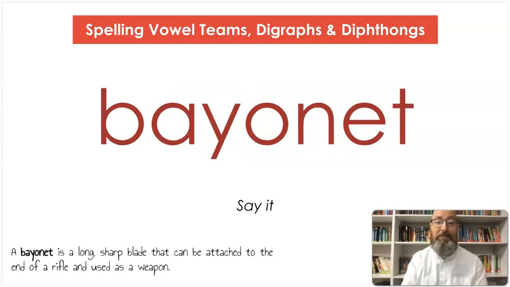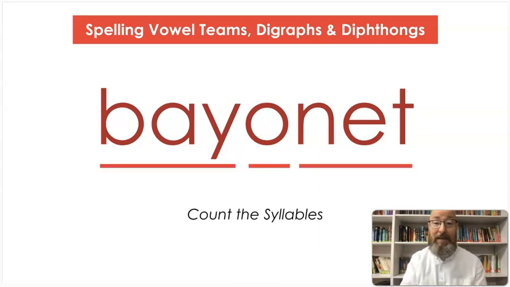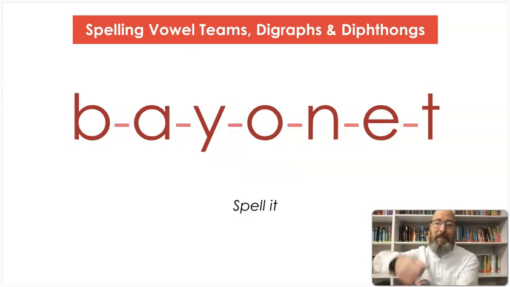Our next word is bayonet. Say bayonet. A bayonet is a long, sharp blade that can be attached to the end of a rifle and used as a weapon. Count the syllables. Bayonet. Let's spell it. B-A-Y-O-N-E-T. Bayonet.